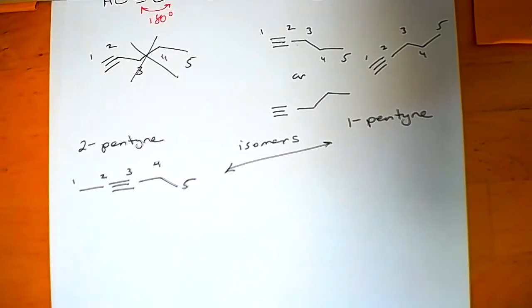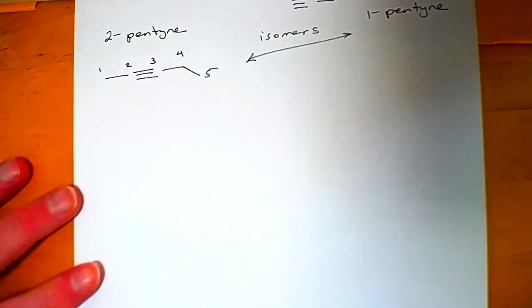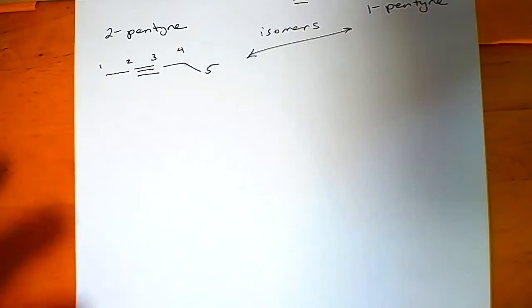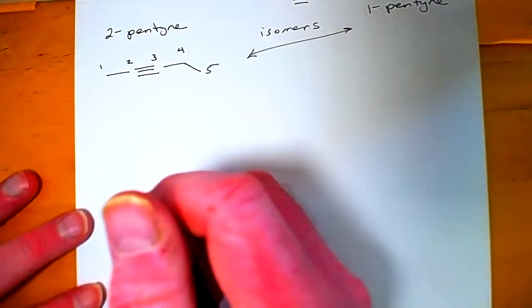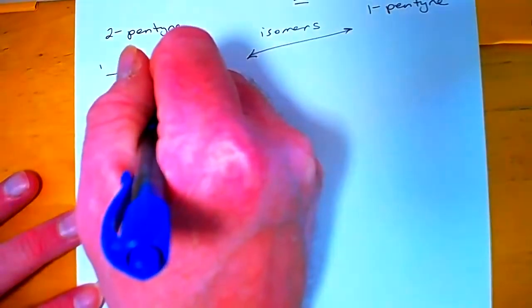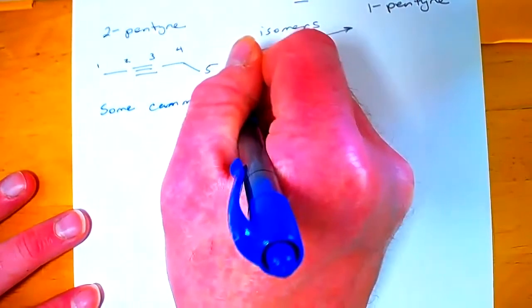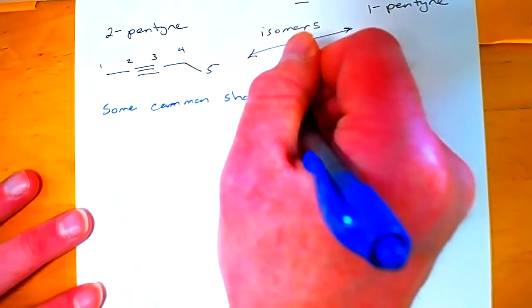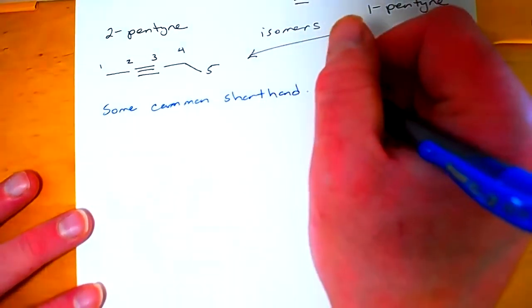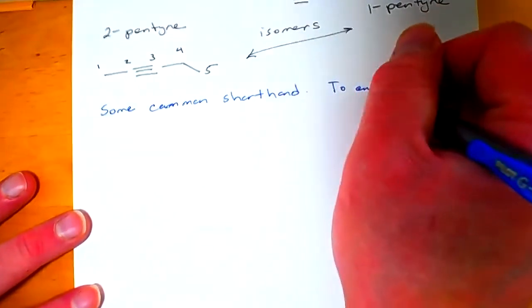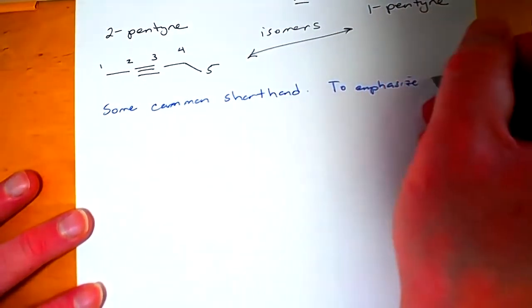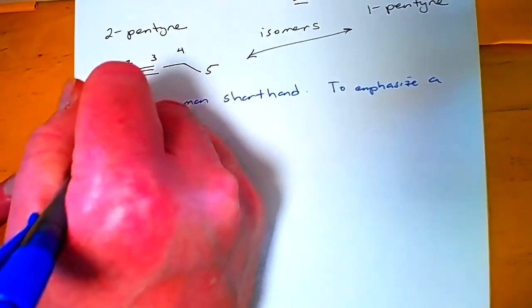Now, just before we get into a lot more details about functional groups, there is some common shorthand that you should be aware of. Some common shorthand that we use to represent functional groups to emphasize a specific functional group.